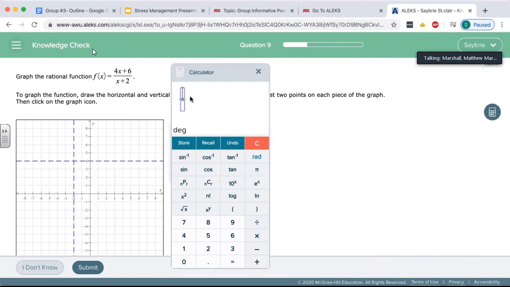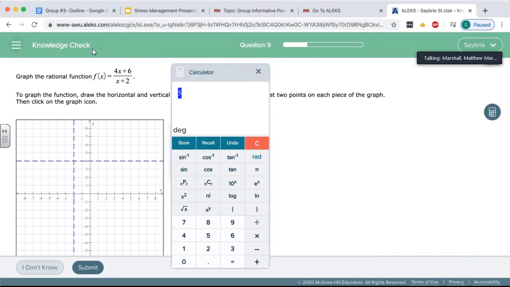Oh, there you go. 4 times -4 plus 6. Perfect. And then that would be -4 plus 2 right there. Perfect. All right, so it looks like 1 point is negative 4, 5.